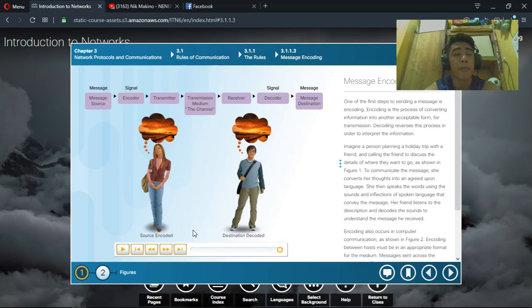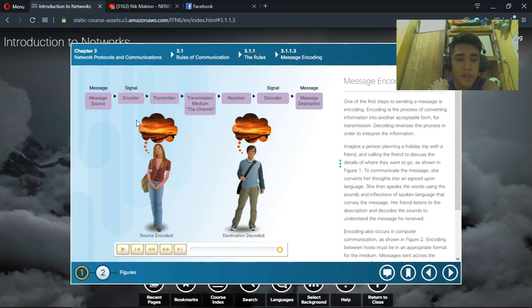It's like a person will visualize something like a sunset, and she will encode it, then send it to her friend. When it's sent, his friend will decode it and analyze the information that she sent.